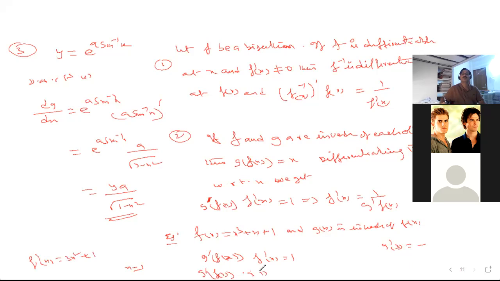So 3 into 1 square plus 1 is 4. And f of 1 is 1 plus 1 plus 1, 3. So g dash 3 is equal to 1/4.